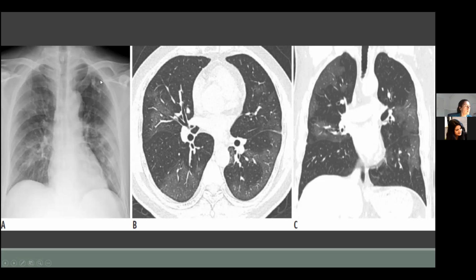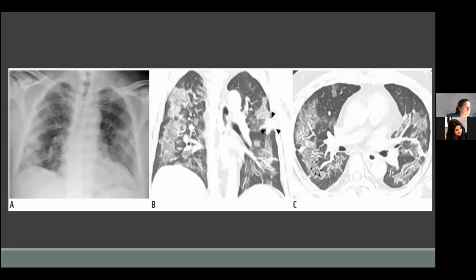So if you look at the chest X-ray, you see ground glass opacities in the periphery of the, actually I would say only on the left side, which correlates well with the coronal view of the CT scan here. So if you see peripheral oriented ground glass opacities, it might be difficult, but if you see them bilaterally, more in the periphery, more in the lower zones, think of COVID-19 if you don't have access to other tests or CT scan.